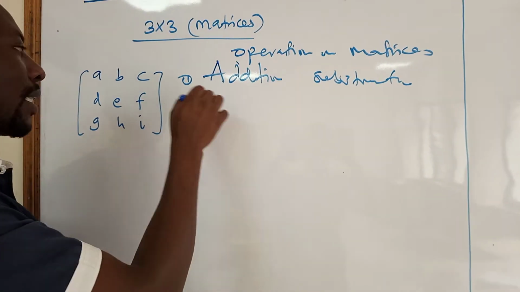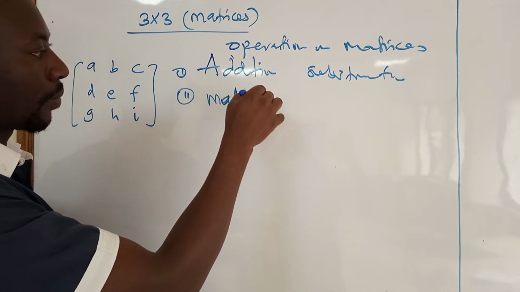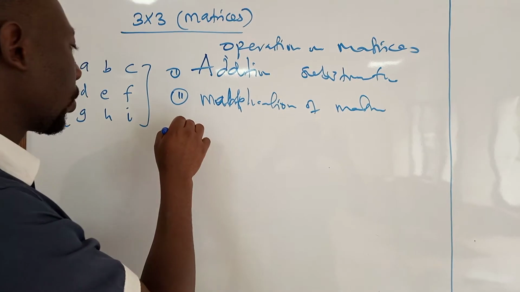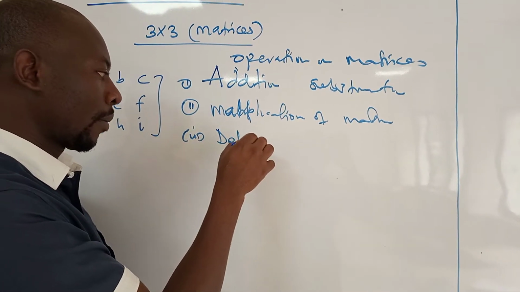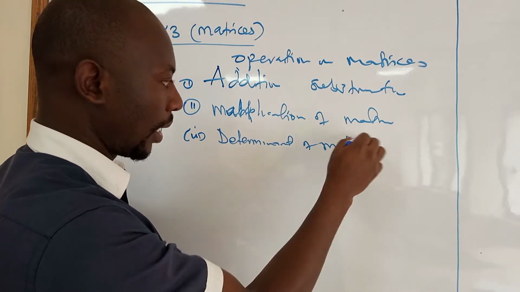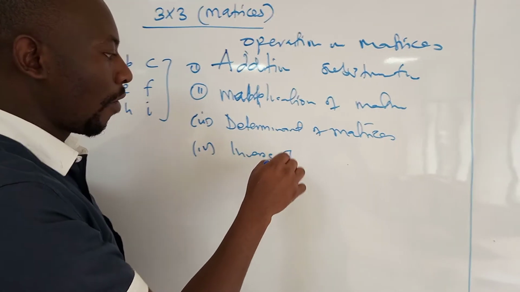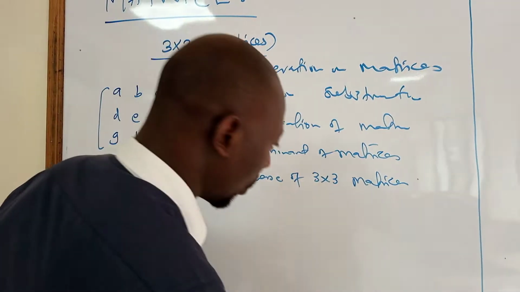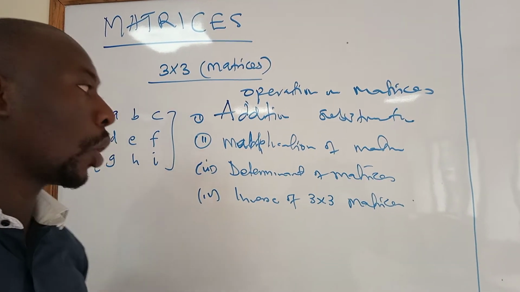We shall do multiplication of matrices, and we shall also do the determinant of matrices, and lastly we shall do the inverse of a 3 by 3 matrix. So these are the 4 things that we are going to perform in this video today.